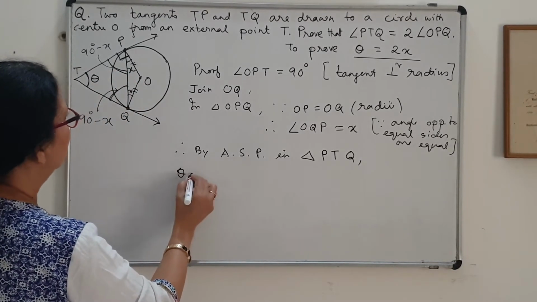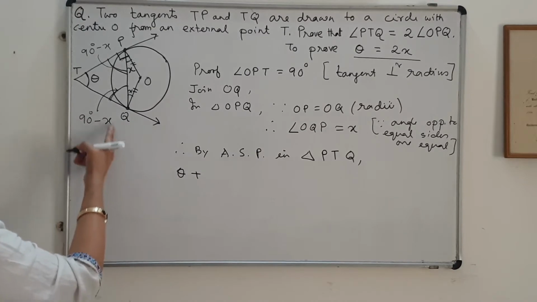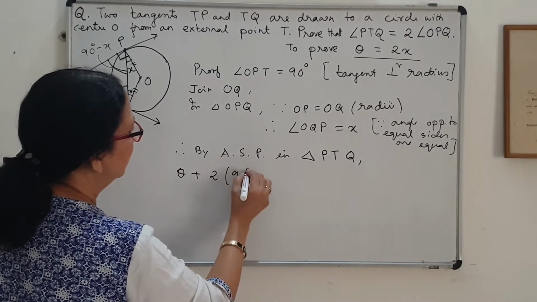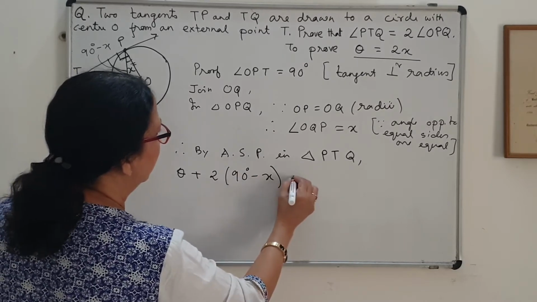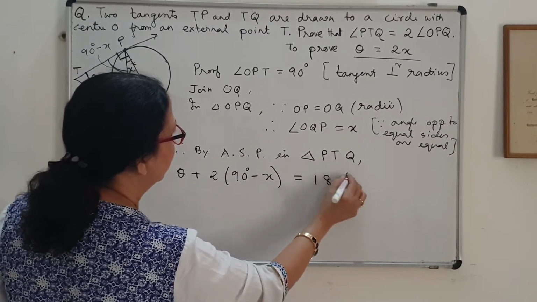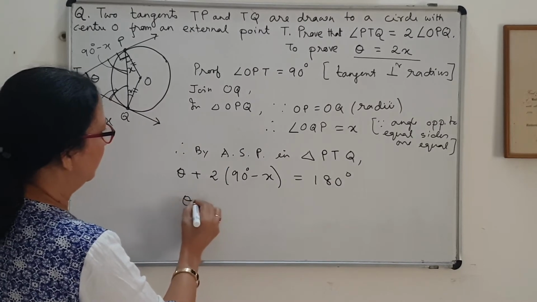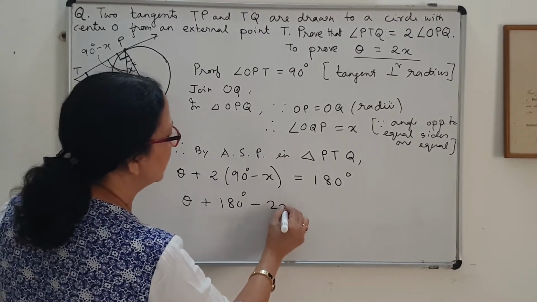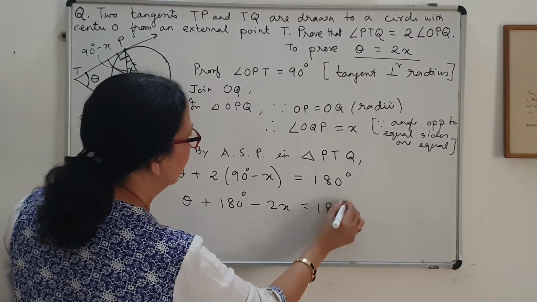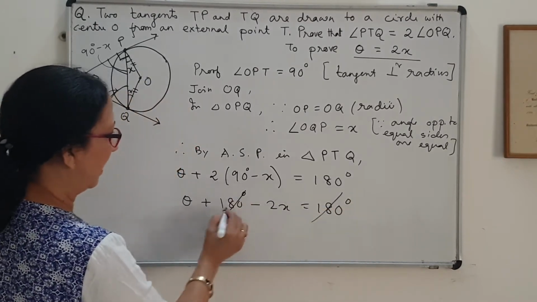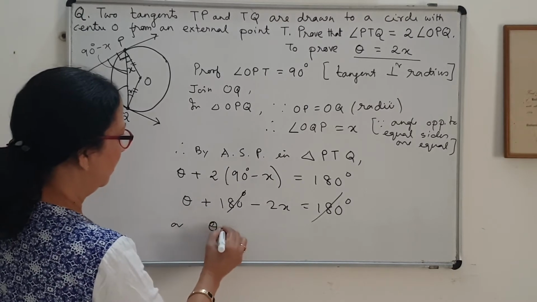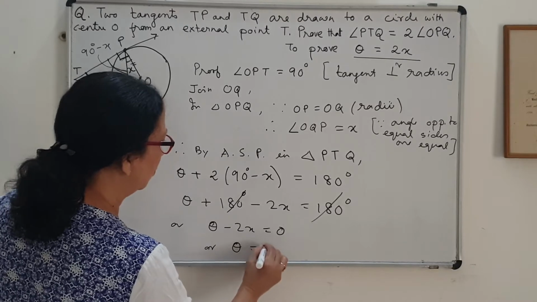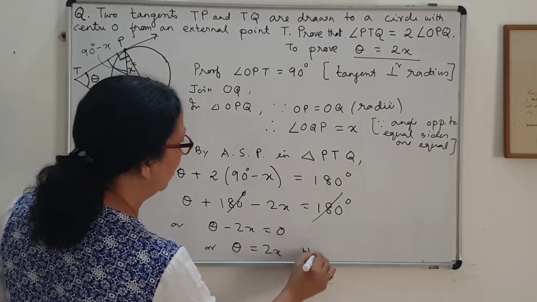So theta plus 90 minus x plus 90 minus x, that is, theta plus twice of (90 degrees minus x) is equal to 180 degrees. So theta plus 2 into 90 is 180 degrees minus twice x is 180 degrees. This 180 gets cancelled, so theta minus twice x is 0, or theta is equal to 2x, hence proved.